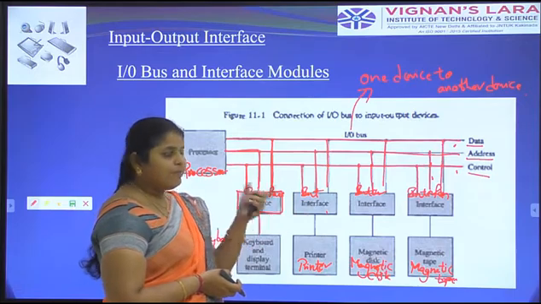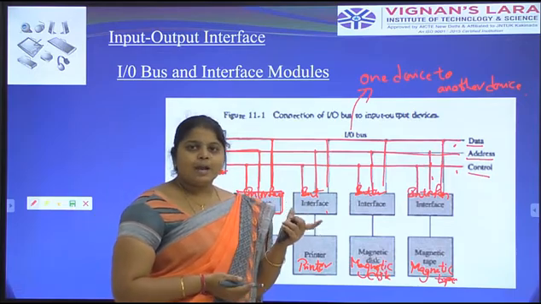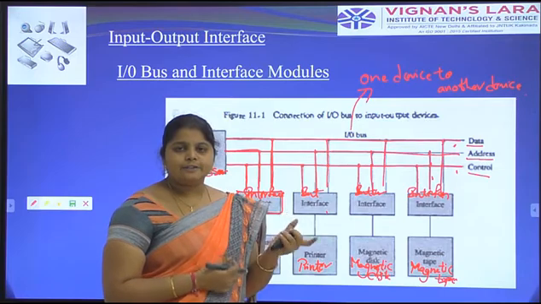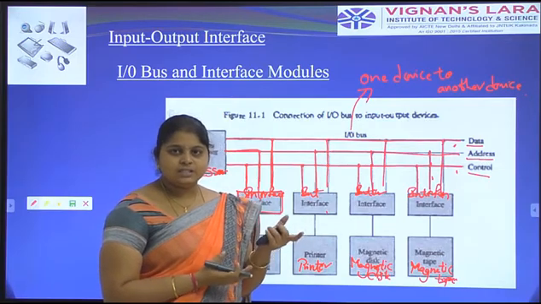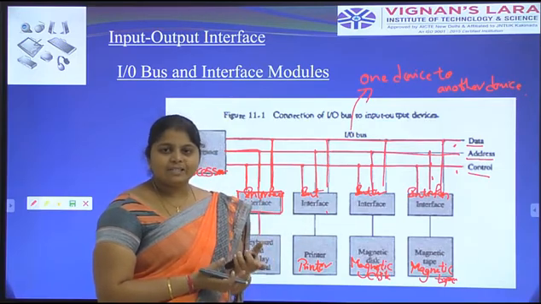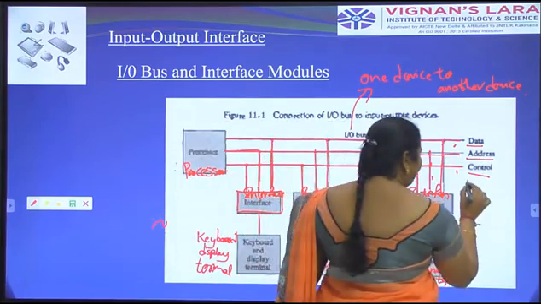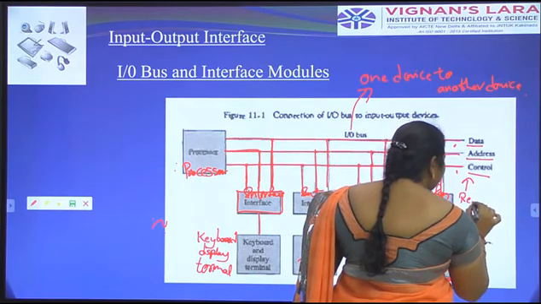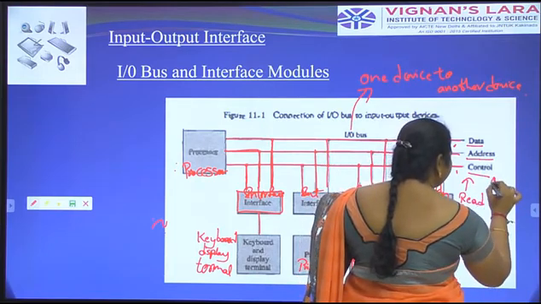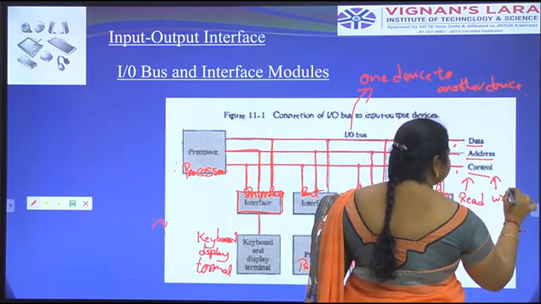Okay, address bus. What is the address line? The address line indicates the address of any instruction. We identify the address with the help of the address line. The control line can perform read and write operations.